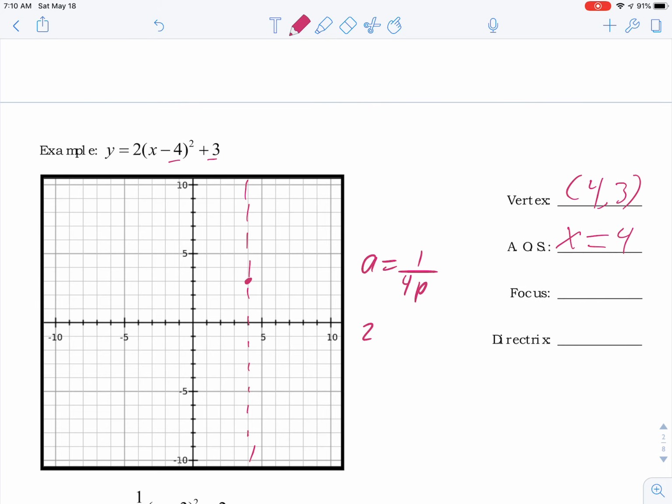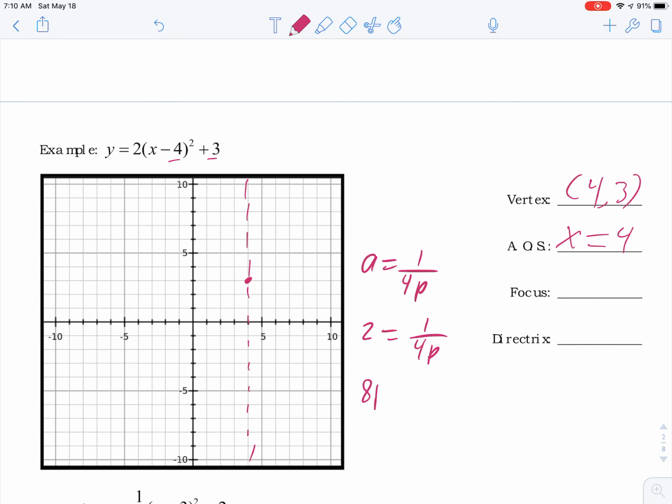So 2 is 1 over 4P, and we're just going to solve that for P. So I'll multiply both sides by 4P, and we get 8P is 1, and divide by 8, and so P is 1/8. So remember, P is the distance that the focus is from the vertex, and also the distance that the directrix is from the vertex.